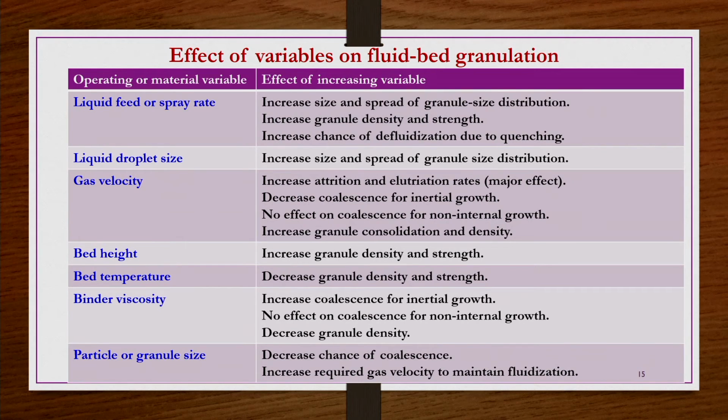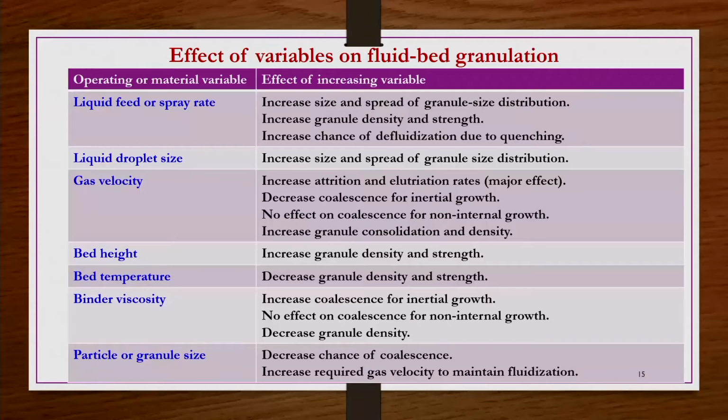If you take a higher viscosity liquid, in general you may get a bigger droplet from the same size nozzle opening, compared to a low viscous liquid. That is, if you take a low viscous liquid and a high viscous liquid and pass them through a nozzle of the same size, the high viscous liquid is going to form a bigger droplet. So with liquid droplet size, what will happen? It increases the size and spread of the granule size distribution.